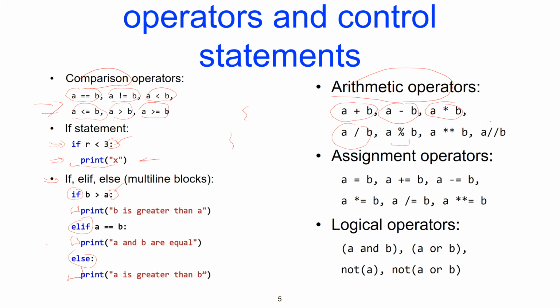But maybe the last two are pretty mysterious to you if you haven't learned Python. The first one is exponential. That means I want to raise a to the power of b. So the double star means exponential.